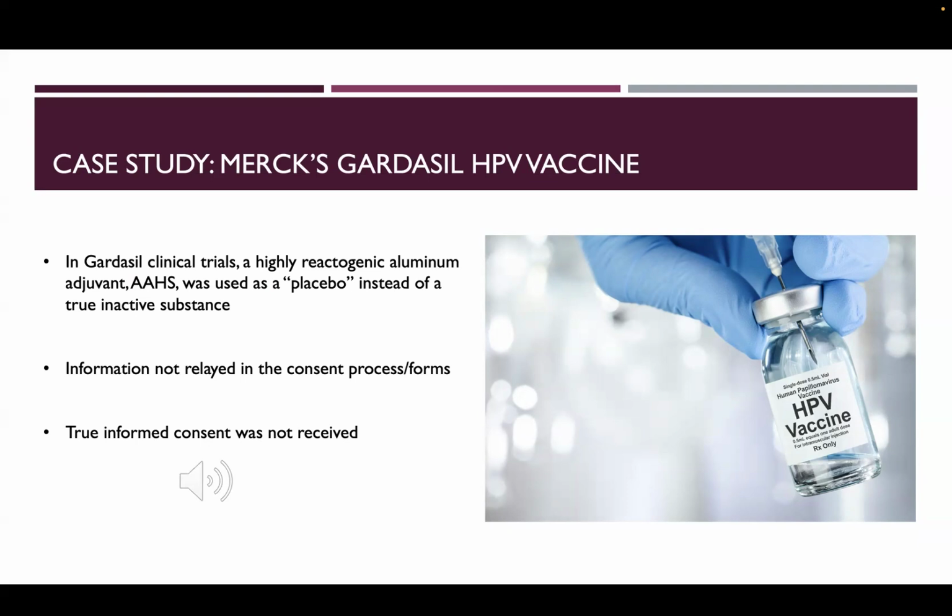This created concerns because the information was not relayed in the consent process or forms, so the participants were not aware of what was in the actual placebo. This is a violation of true informed consent, because the participants were not fully informed of what was going to be happening throughout the clinical trial.